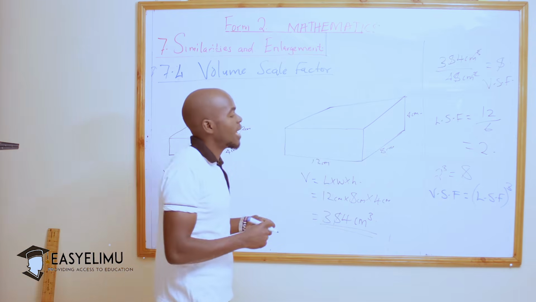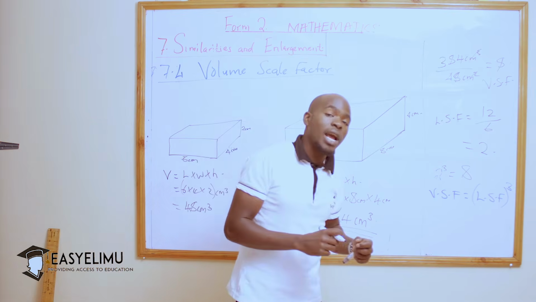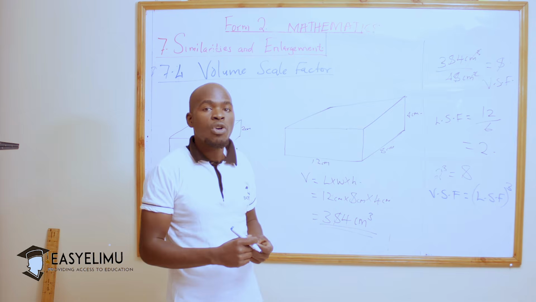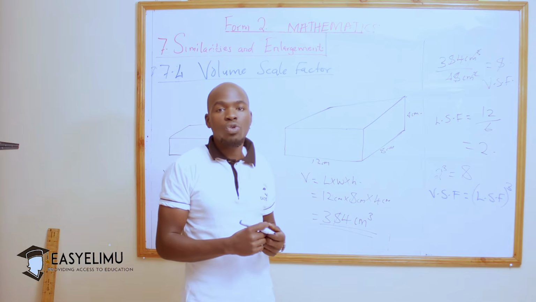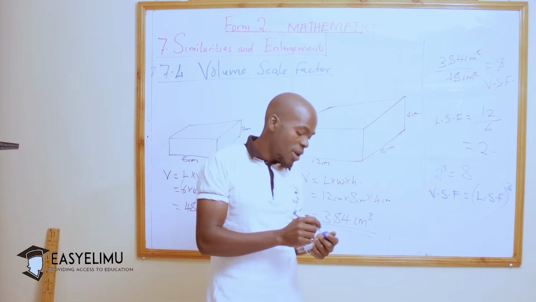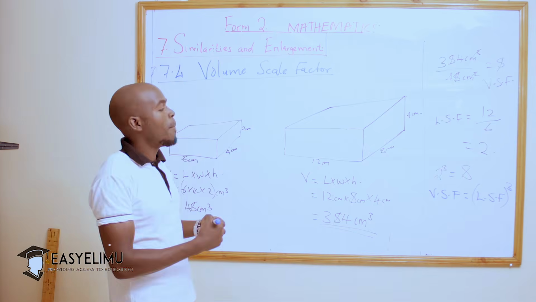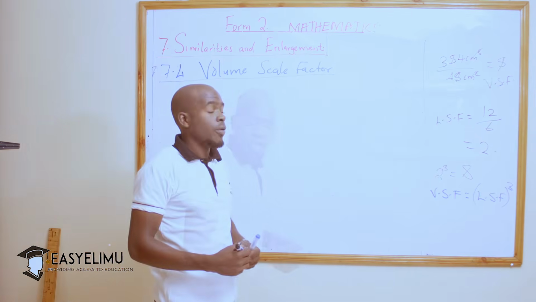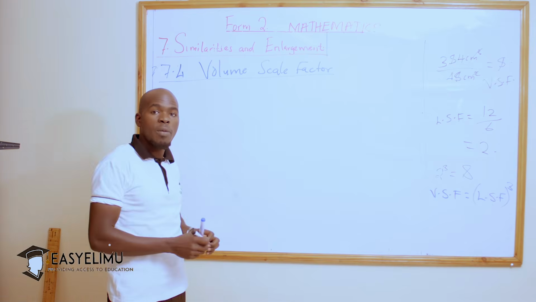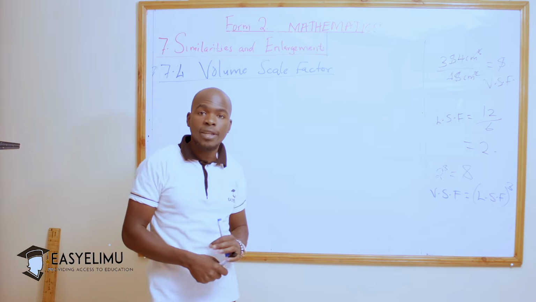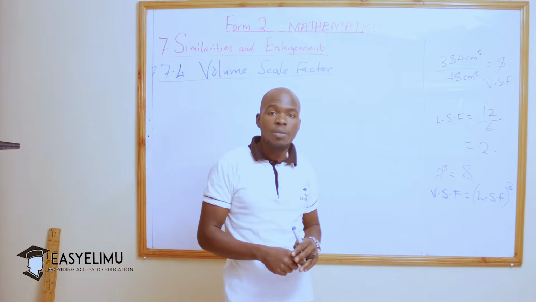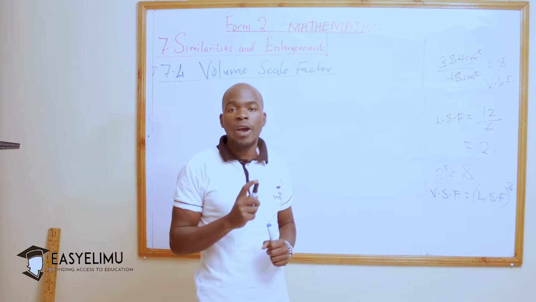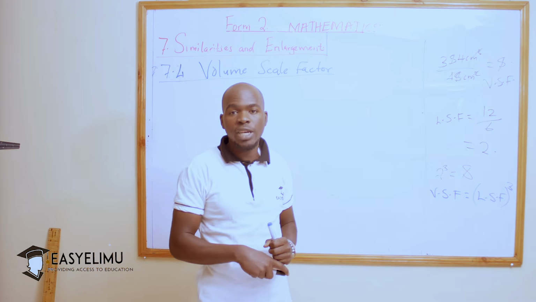And you shall be using that information to calculate the volume of various figures you may be given, which are similar to each other. Sometimes you may be required to find the volume when you are issued with the area scale factor. We shall do an example whereby you are given the volume of one object of two similar objects, and you will be asked to find the volume of the larger object.